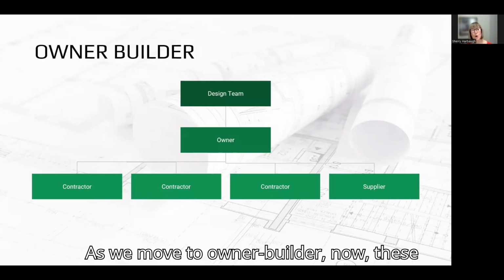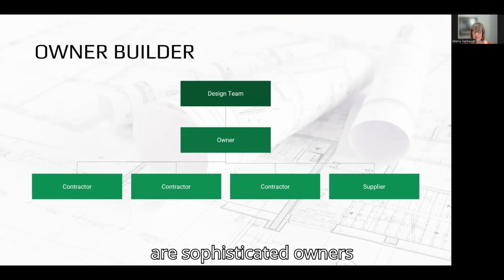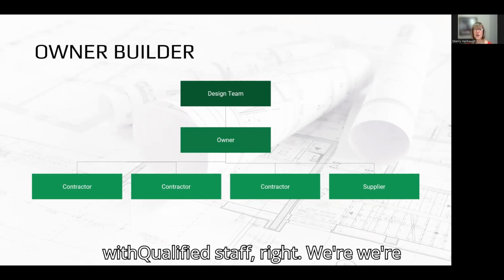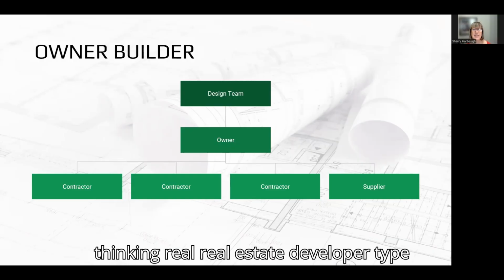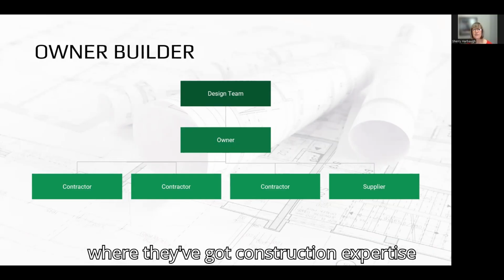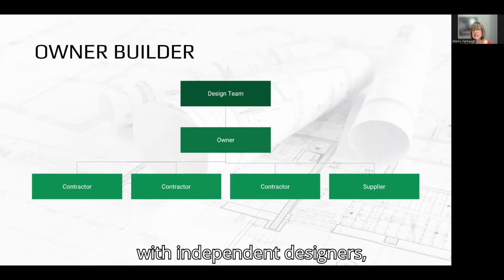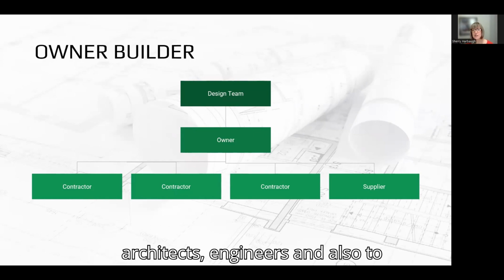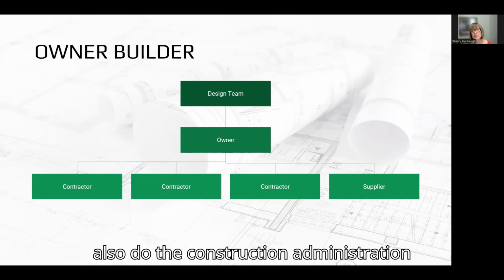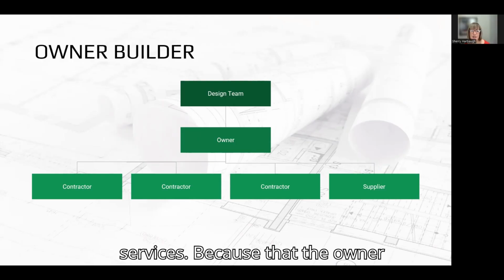As we move to owner builder, now these are sophisticated owners with qualified staff, right? We're thinking real estate developer type, where they've got construction expertise on their staff, but they still contract with independent designers, architects, and engineers, and also the construction administration services.